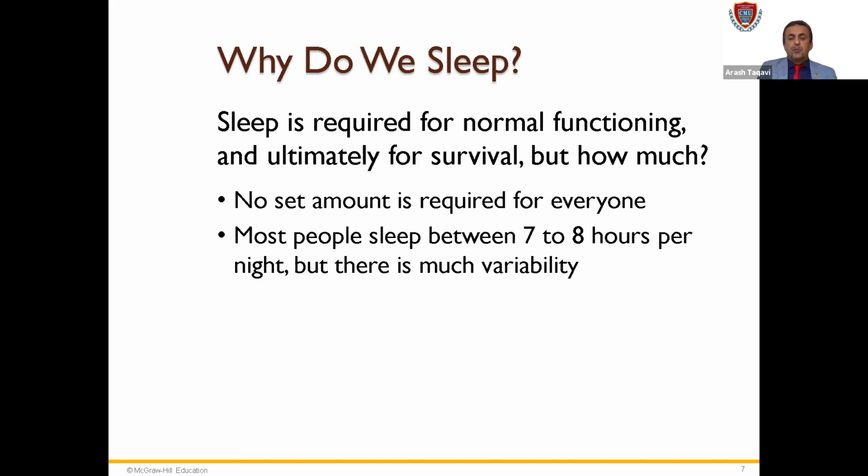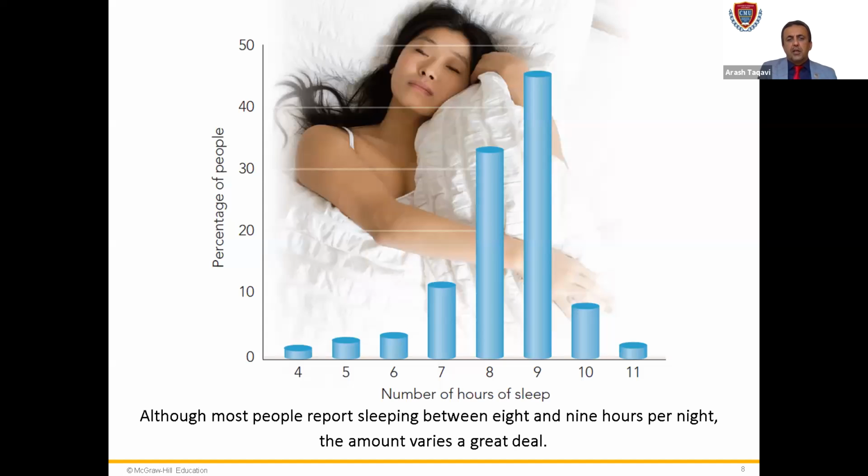Most people sleep between 7 to 8 hours per night, but there is much variability, between 6 to 9 hours. You see here, also most people report sleeping between 8 and 9 hours per night. The amount varies a great deal. Between 40 to 50% of people say that we should sleep about 9 hours per night.